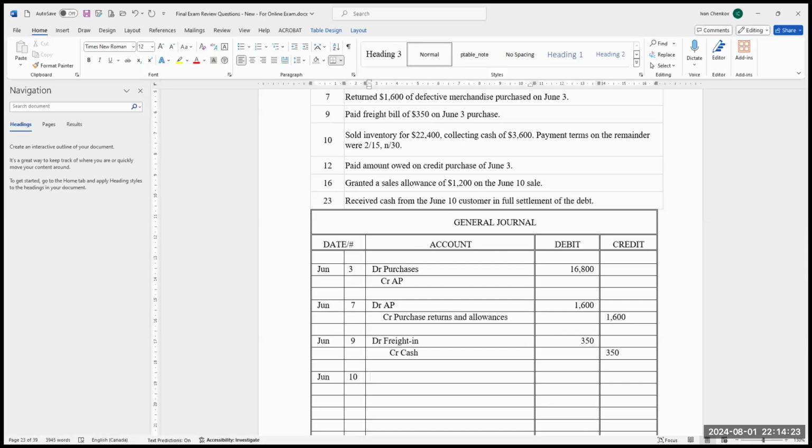The debit for us will be, first, we're going to get the cash of 3,600. Then the rest is going to go to accounts receivable, and the credit is going to go to sales revenue.